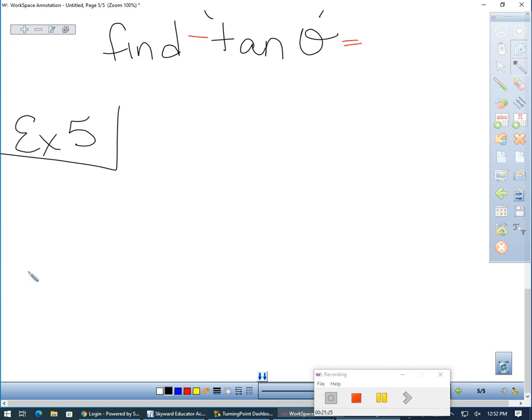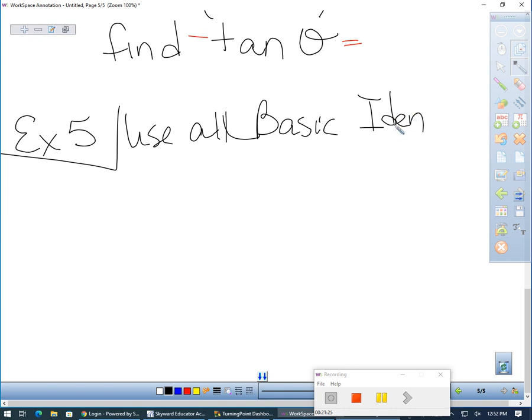So in example number 5, it says use all basic identities. So when I say basic identities, it's everything you've been introduced to up to now to simplify the expression.